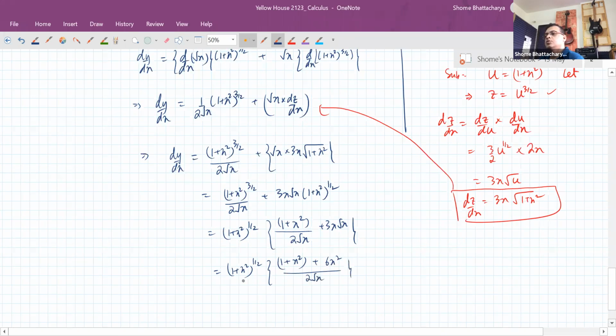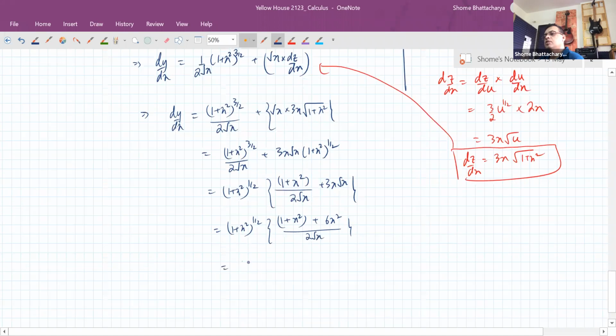So we will have something like this, 1 plus 7x squared, by 2 into square root of 1 plus x squared by x, would be one way of expressing dy by dx.